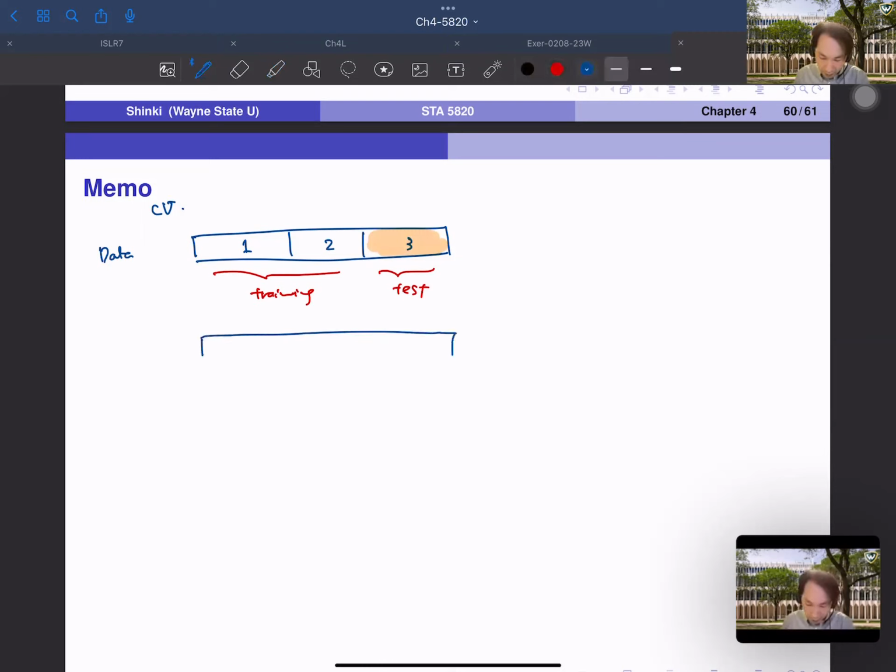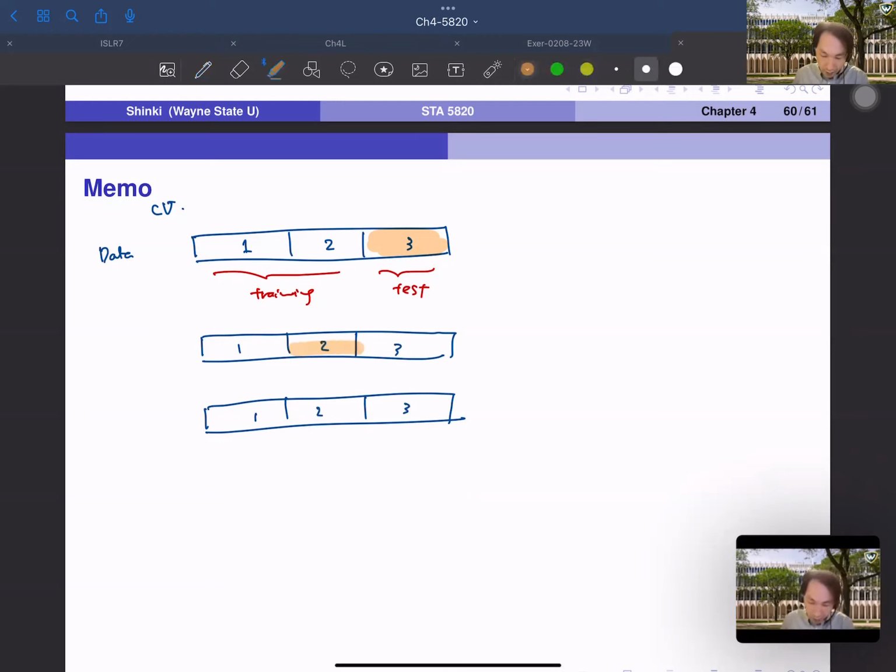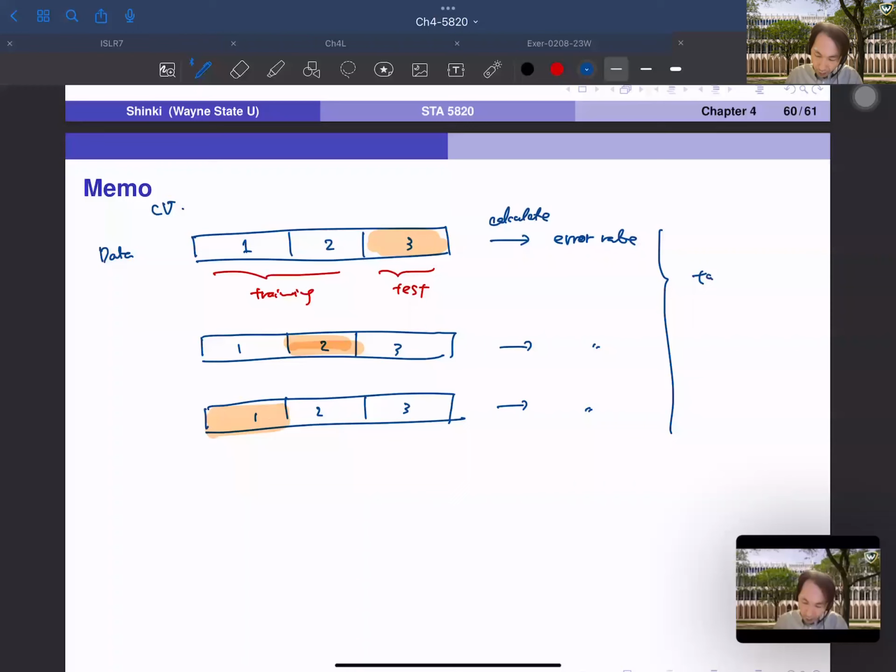We also use the second data set as the test set next time, and the first data set as the test set also. Then we calculate the error rate and take the average. In this way, we can evaluate the model performance.